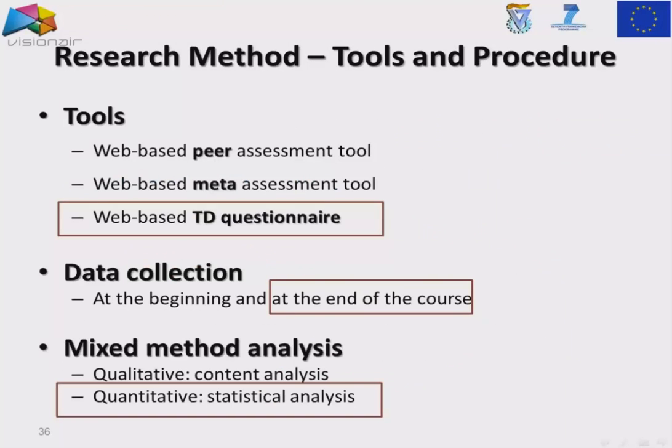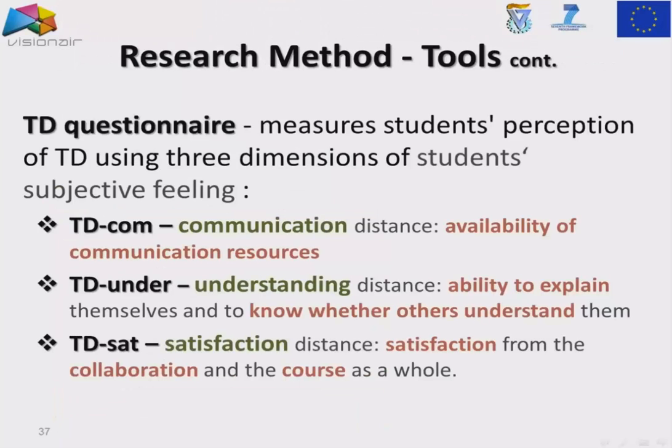We used many tools for this research, the transactional distance questionnaire, which they filled in at the end of the semester, and I will describe the quantitative analysis of this questionnaire. Same questionnaire as before. The students had to fill it just once, just for the peer collaboration. We don't have the distant researcher collaboration, of course.